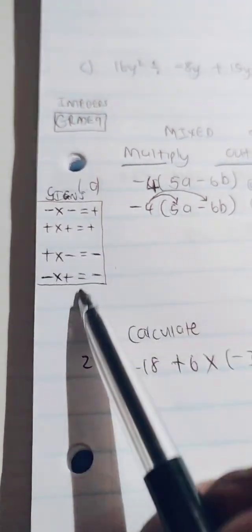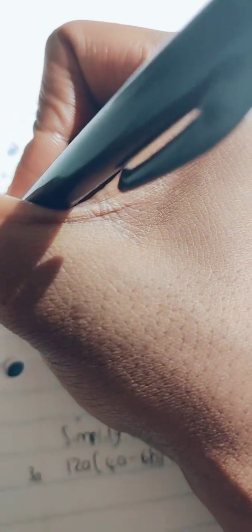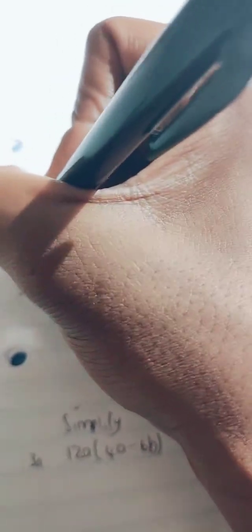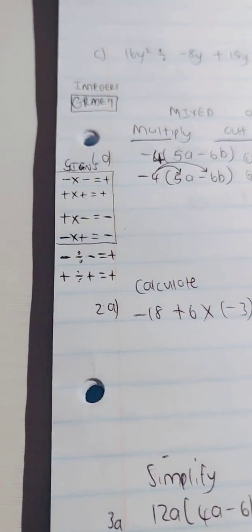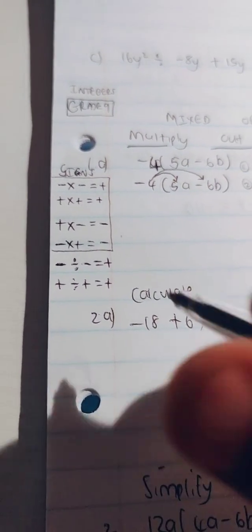So for multiplication this applies, and it's no different for division. A negative divided by a negative is also a positive. A positive divided by another positive is also a positive. The same rules apply for division. Then a negative divided by a positive is a negative, and vice versa.